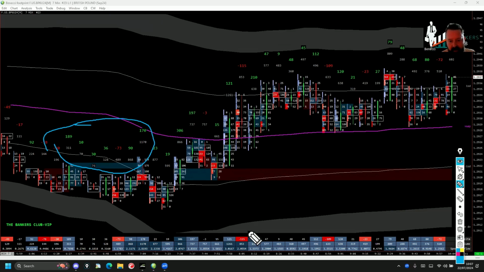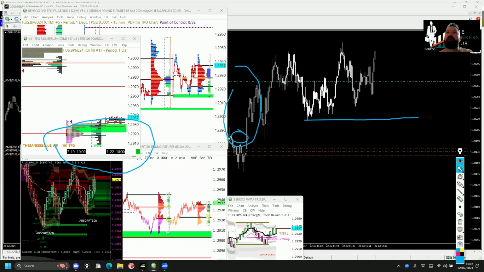And then we came into London Open, where upon London Open we got the pullback into VWAP. Price was being held and then further continuation up. That was a quick glimpse at the footprint chart. Let's get that back over on my other screen.